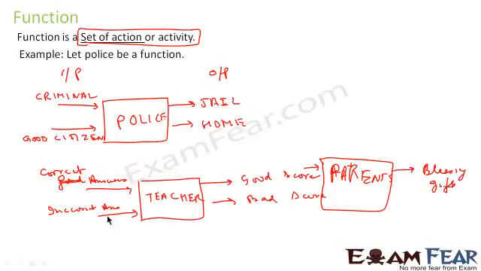Correct? You gave an incorrect answer to the teacher. Teacher gave you a bad score. You showed the bad score to your parents. What did you get from parents? Scolding. Correct? So this is an example where input from one function is going to another function. So in this case, we say police, teacher, parents are all acting as a function.